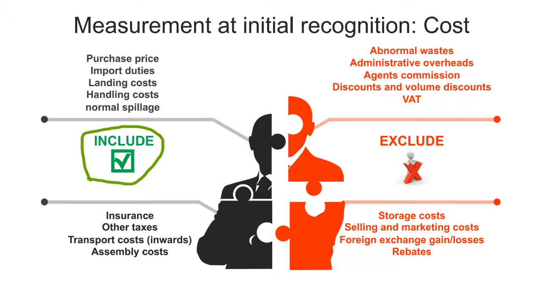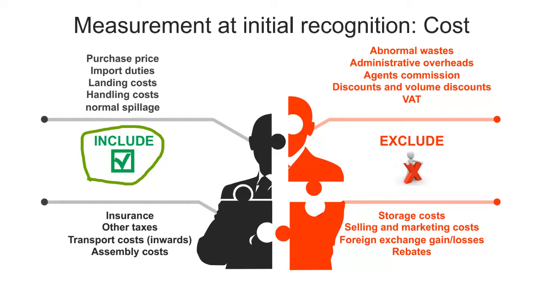So transporting the goods from our factory to our customer is not a cost that we will include in the inventory. Right? Okay, so that's why a lot of people get confused with the delivery costs.